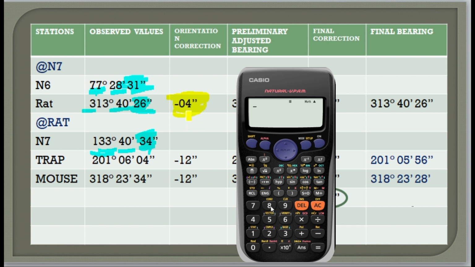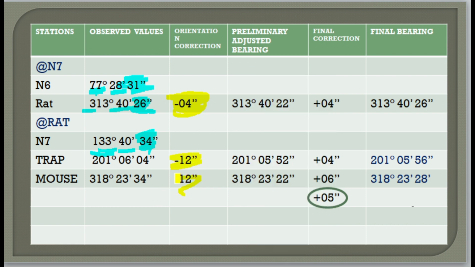So by adding 4 degrees plus negative 8, we'll get our next orientation correction as negative 12, which will be applied to both our values found on the control from the control station of the rat.